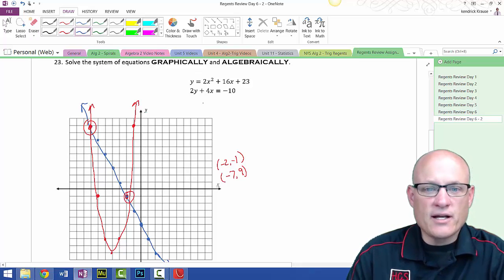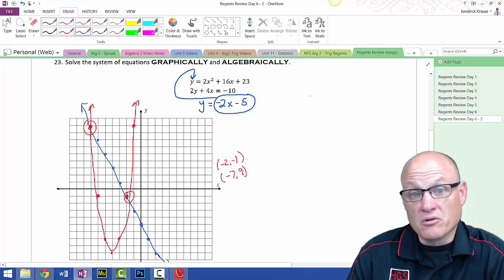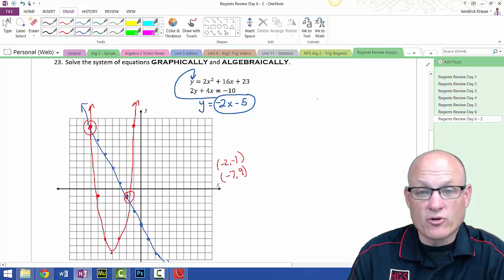algebraically now. I think I solved this and got y equals negative 2x minus 5, correct? So what I'm going to do with this, since this is y, is plug it in for that y. They're equal. They're just y values. I want to make sure those y values equal.